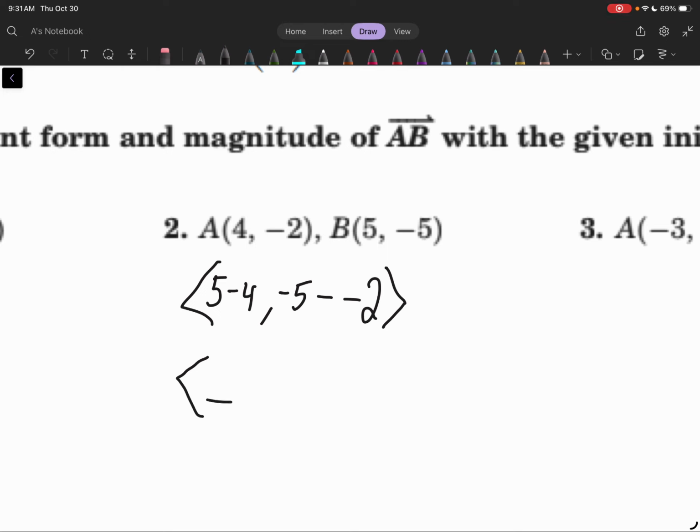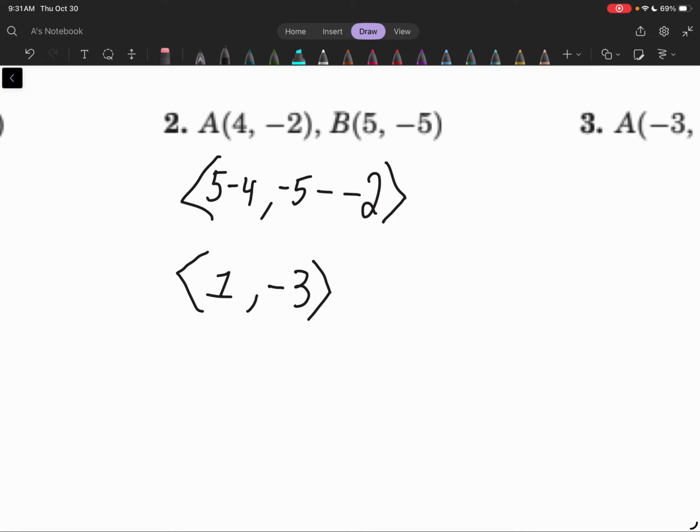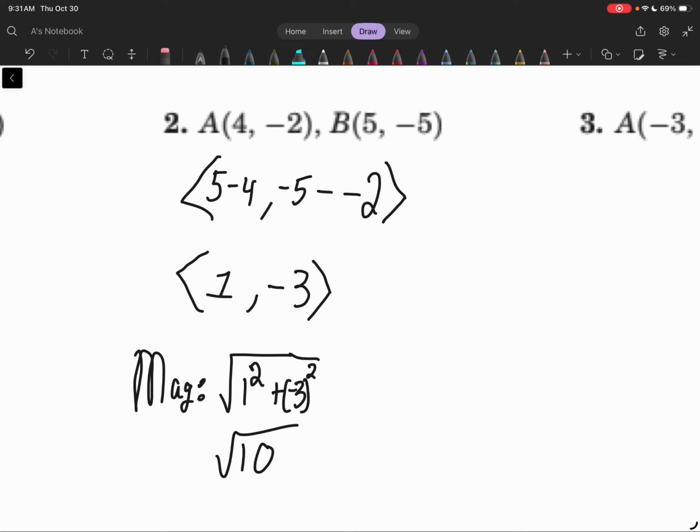This is going to give me 1 and negative 3, because that's negative 5 plus 2. There is my vector. My magnitude is going to be the square root of my x term squared plus my y term squared. This is the square root of 10.